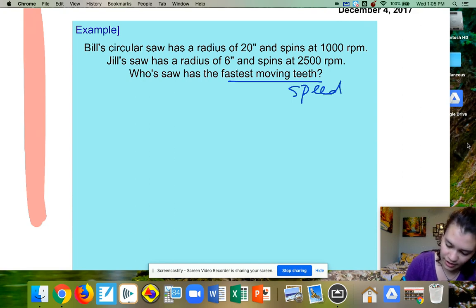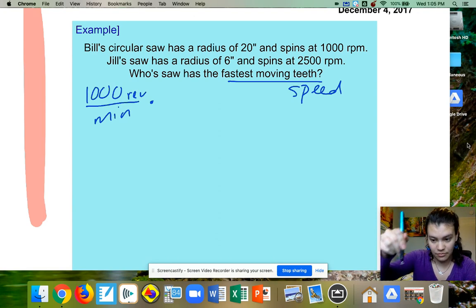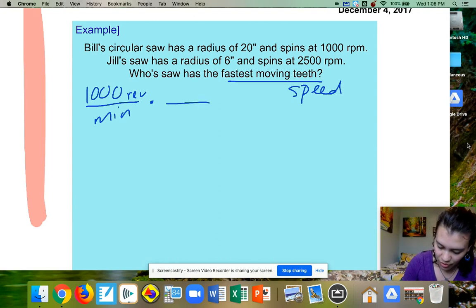So start here. If we have 1,000 RPMs, it's revolutions per minute. You then want to get rid of these revolutions and convert to something else. One time around the circle is going to be 1 circumference. So 1 revolution is 1 circumference, which is the same as 2 pi times the radius.